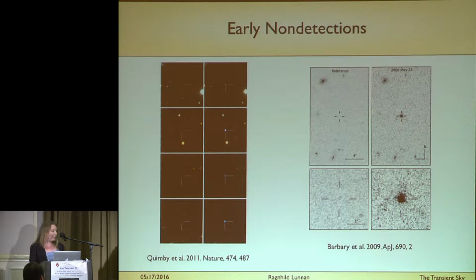Then there was also this mystery object, SCP-06F6, that was discovered to be a superluminous supernova eventually. That was actually serendipitously discovered in an HST survey, and even in the HST pre-explosion images, there was no host galaxy detected. So that's just telling you, from the beginning, before we even were able to study the galaxies, we kind of knew they were probably pretty faint.